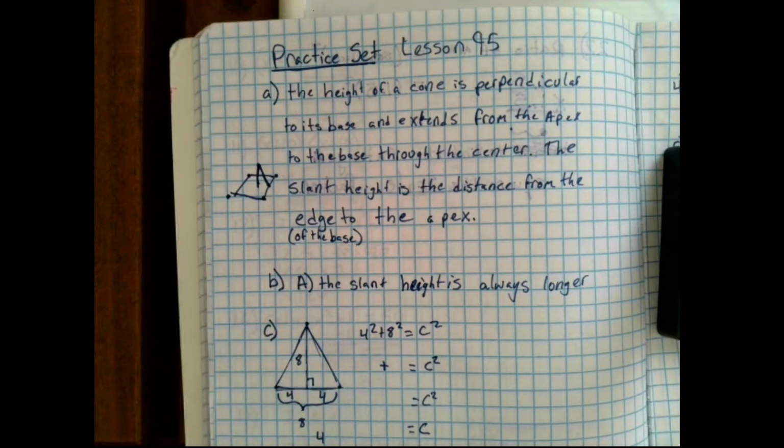If we're using the Pythagorean theorem for the slant height, and the slant height is always c, then the slant height always will be longer than the height, because you're going to have to add half of that base squared to it. Unless the base didn't exist, it would never be the same, and it could never be smaller, because the slant height has to travel further to the base. It's the hypotenuse of that right triangle. It's always going to be longer.